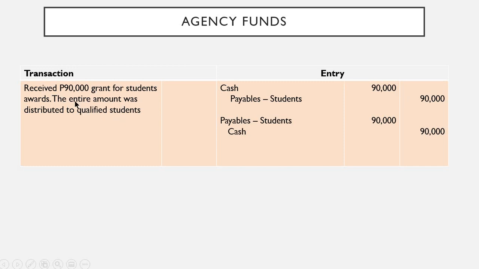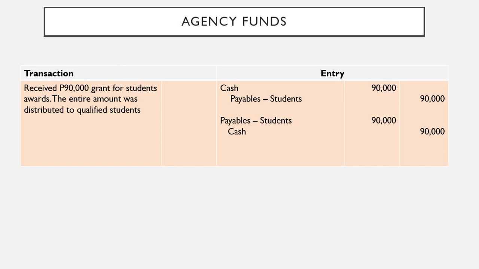And dahil nagamit mo naman siya or napasa mo naman siya sa qualified students, so reverse mo lang siya. Debit, payables, credit, cash for 90,000. So, that is the or that are the some of the basic transactions or entries, okay, sa colleges and universities, classified to different funds, no.